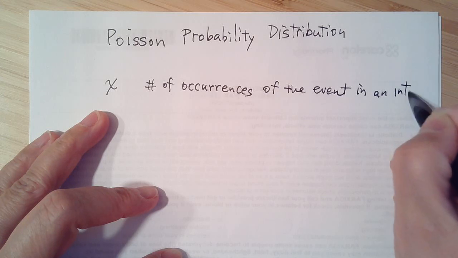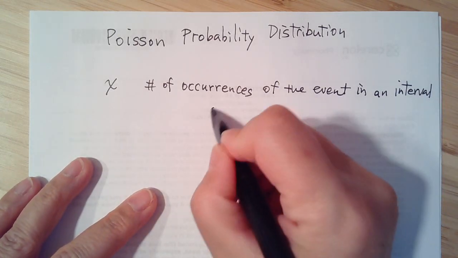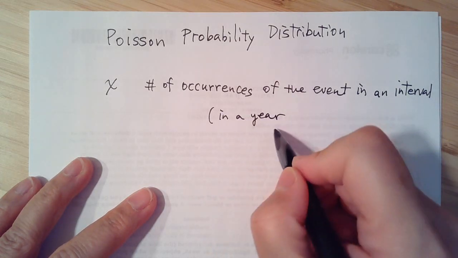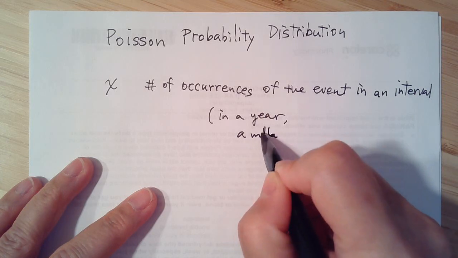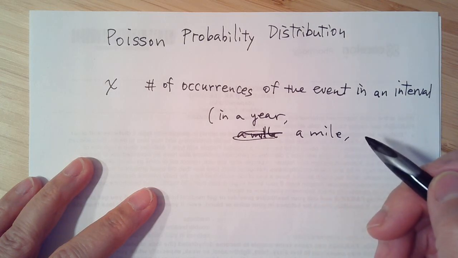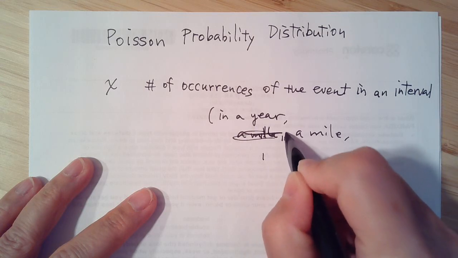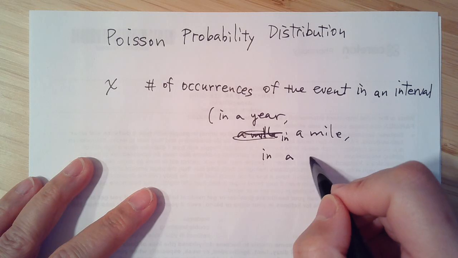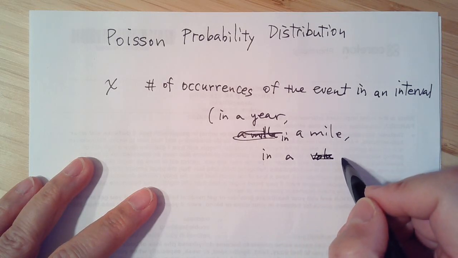This interval could be in a year, a mile, a distance, or a volume, like a cubic meter.